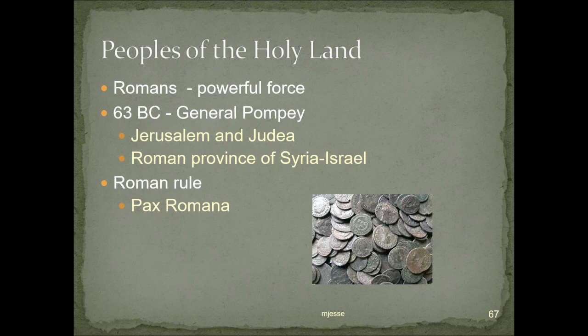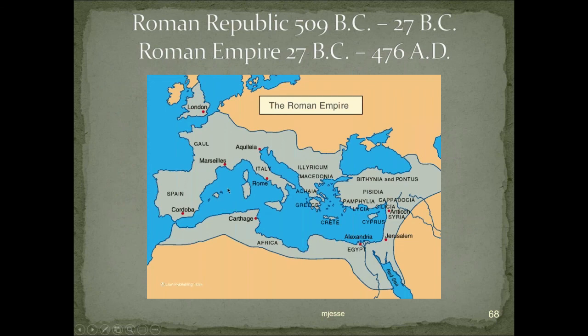We have roads, we have aqueducts, we have beautiful buildings, and we have that sense of peace, Pax Romana, because there was no other civilization large enough to go up against the Roman Empire. So here you have the extent of the Roman Empire. All of this is coming into play, setting the stage for the time of Jesus Christ that we have in the New Testament.